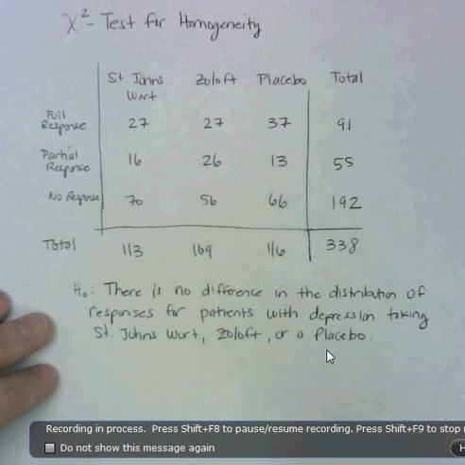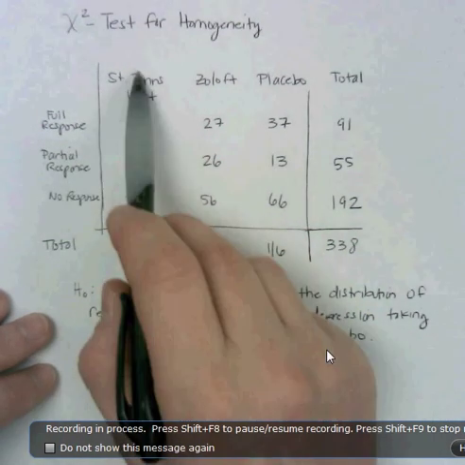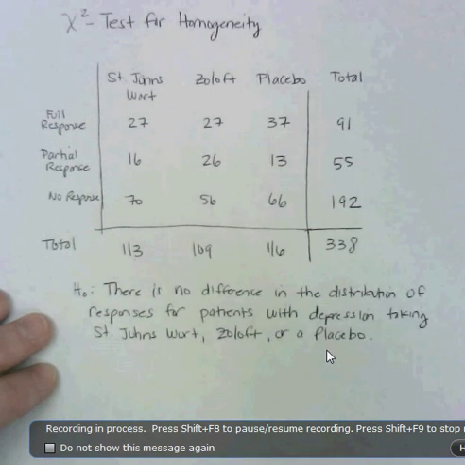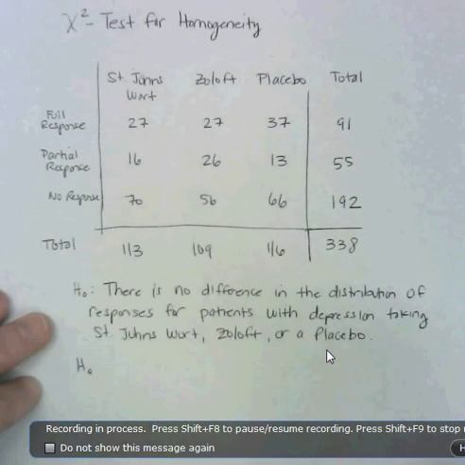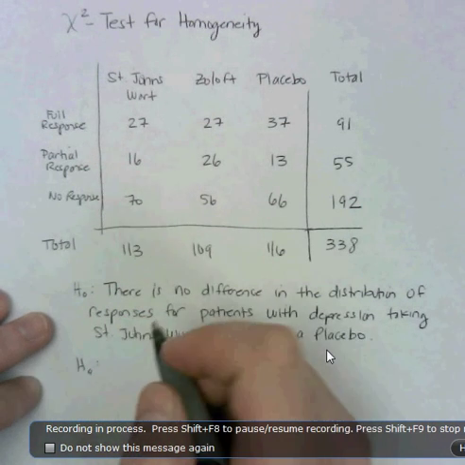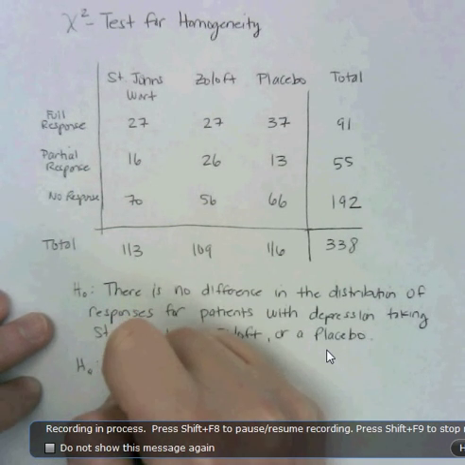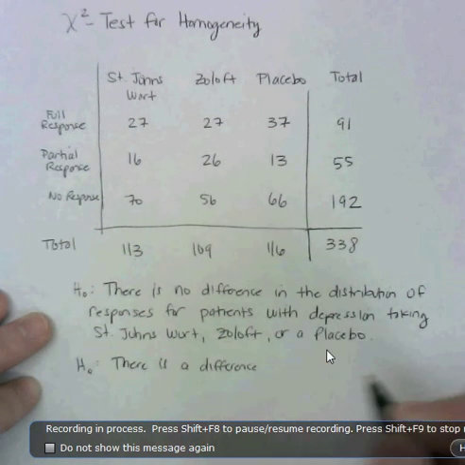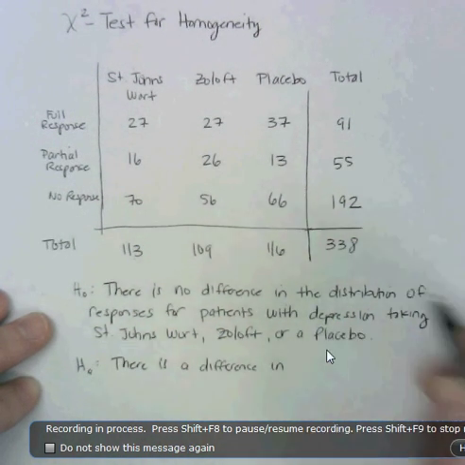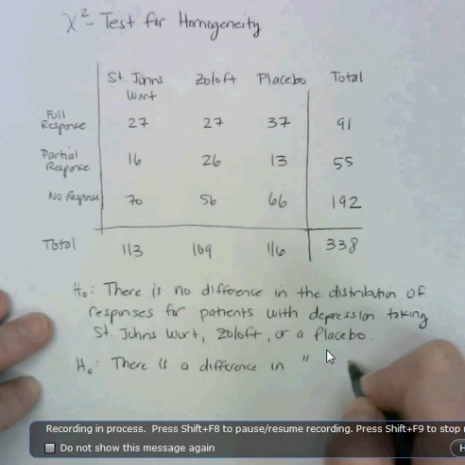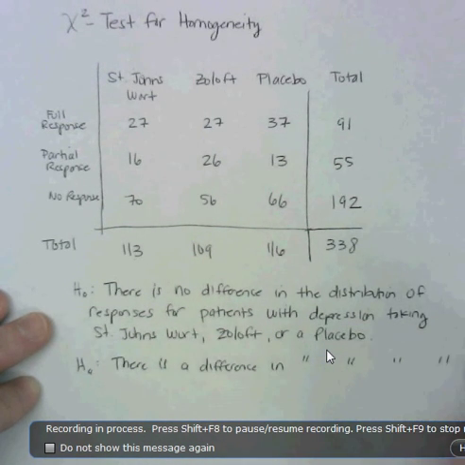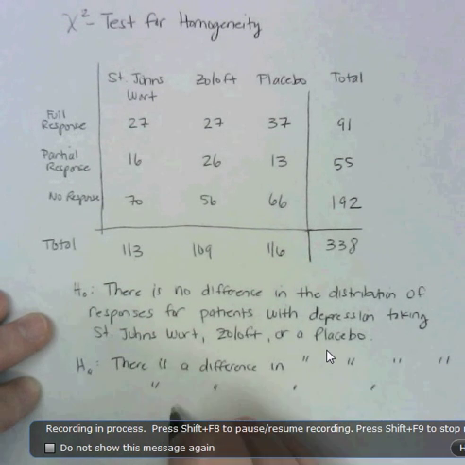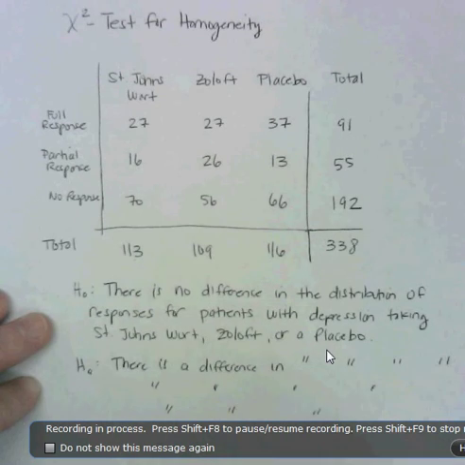So there is no difference in the responses for the St. John's wort versus the Zoloft versus the placebo. The alternative is there is a difference. And then we'll just kind of use our dittos: the distribution of responses for patients with depression taking St. John's wort, Zoloft, and placebo.